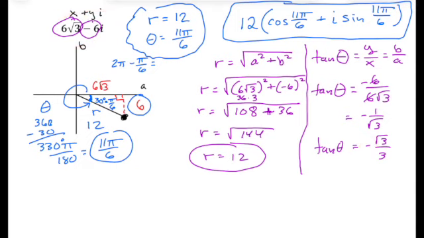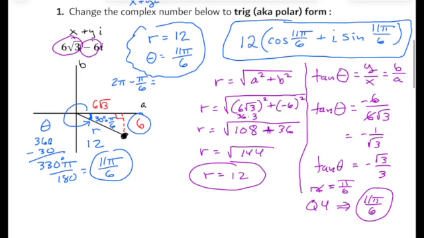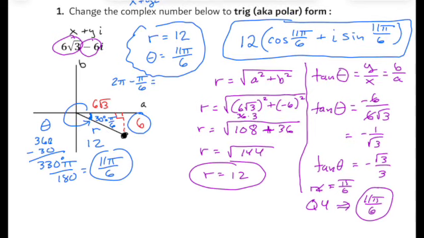So the reference angle, when tangent is root 3 over 3, you should be able to come up with that pretty quickly, that's 30 degrees, or pi over 6. And in quadrant 4, pi over 6, again, we've talked, that's 11 pi over 6, or 2 pi minus that, or all those ways we just talked about to get it in degrees first, whatever. But in any event, that's how you can arrive at r and theta with formulas or with geometry.